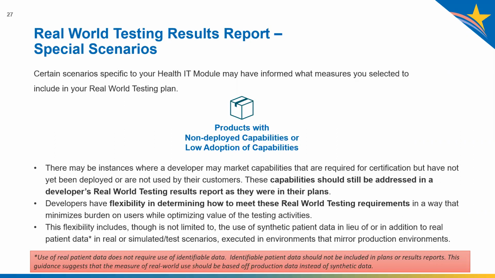And as we stated previously in guidance documents and resources, if all of this fails, you still have to report out on it in your real world testing results report.